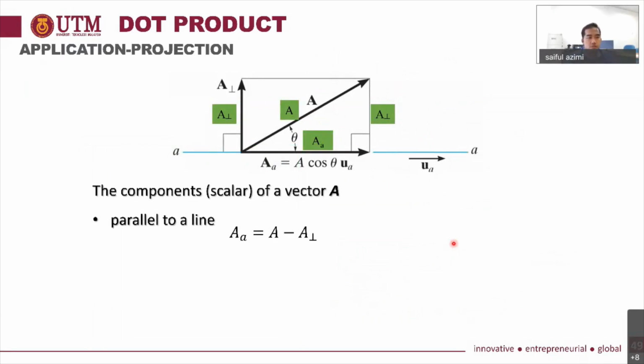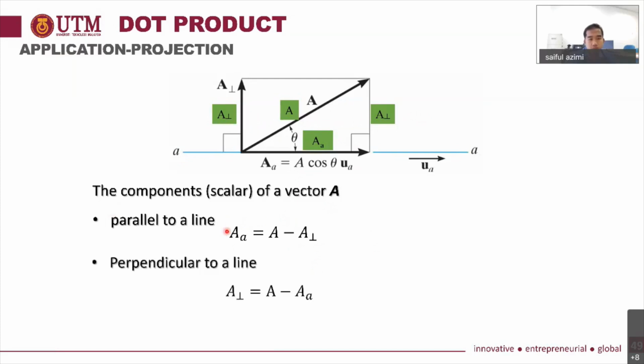So for example, it is given A, and the first question asks you to find AA, to find the vector along axis A, and then you already find it. And then the second question asks you to find the perpendicular vector, which is this one, A perpendicular. You can just draw it here because it is parallel, and you can just use these equations.